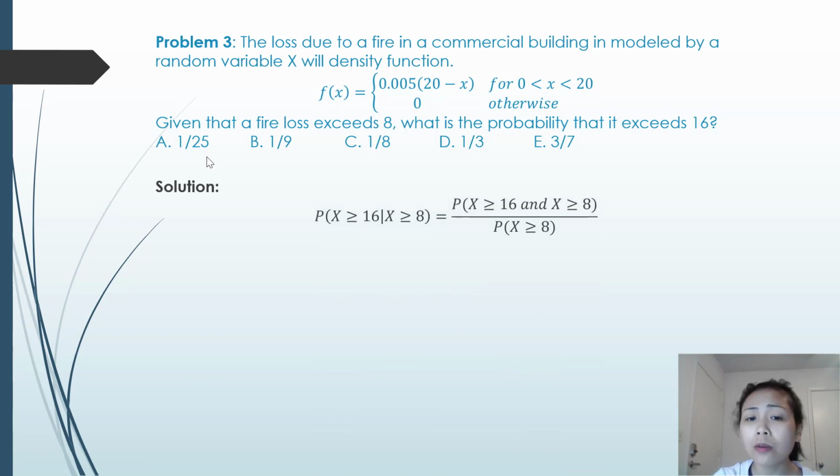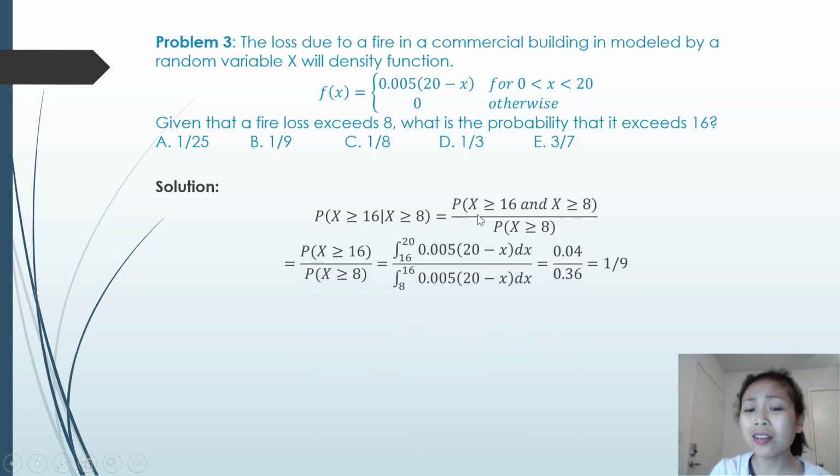The probability of event A given event B is the probability of event A and event B over the probability of event B. So here the probability that x is greater or equal to 16 given x is greater or equal to 8 is the probability that x is greater or equal to 16 and x is greater or equal to 8, over the probability that x is greater or equal to 8. The numerator is simply x greater or equal to 16, because if x is greater or equal to 16, it is also greater or equal to 8.